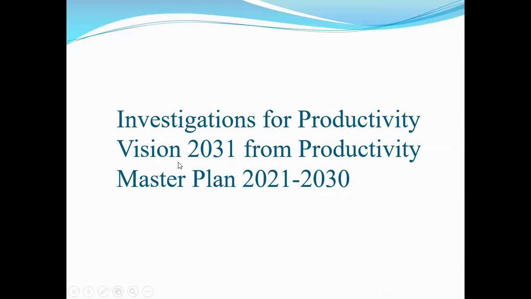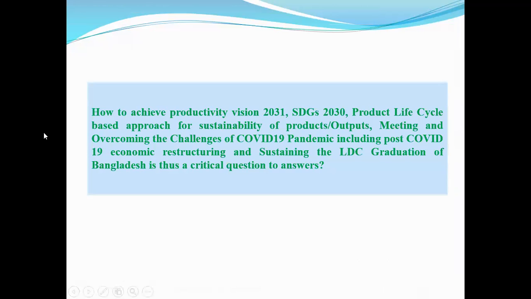productivity vision 2031 from the productivity master plan. This is how to achieve productivity vision 2030, sustainable goal 2030, a product life cycle based approach for sustainability. Overcoming the challenge of the COVID-19 pandemic, including post-COVID economic restructuring and sustaining the LDC graduation of Bangladesh is thus a critical question to answer.